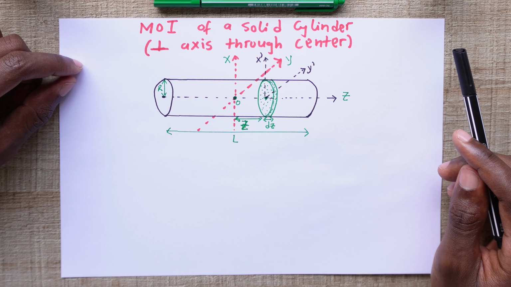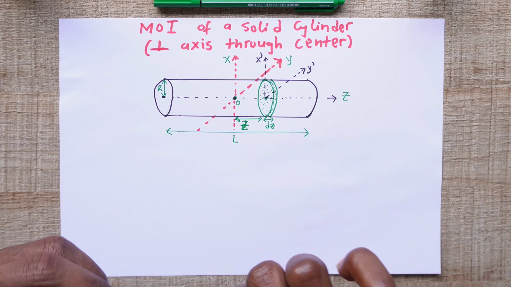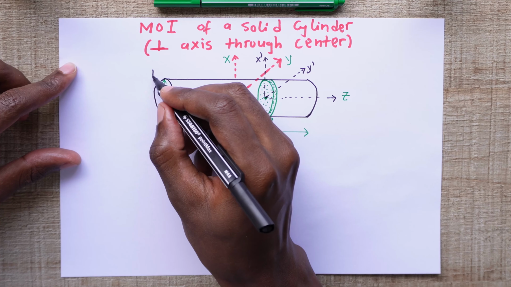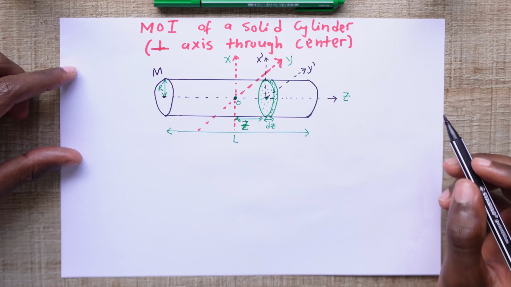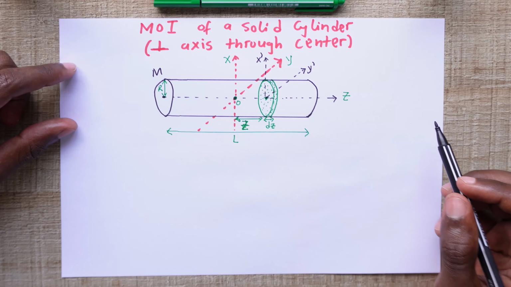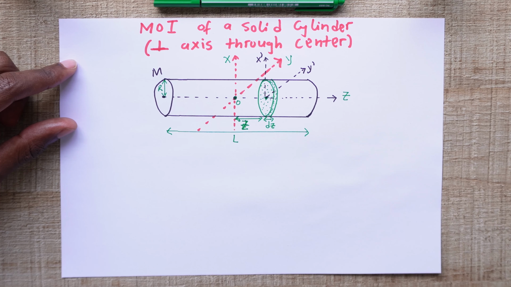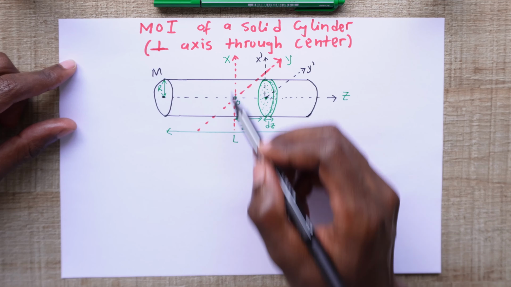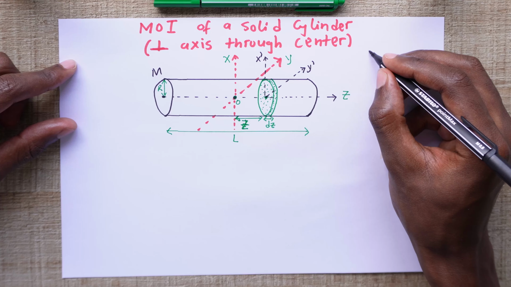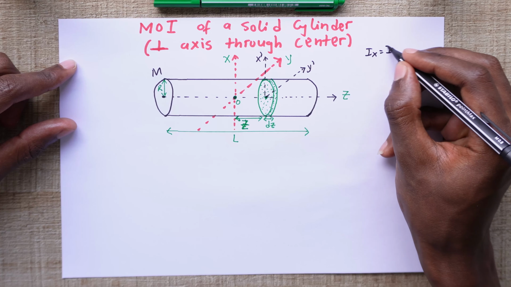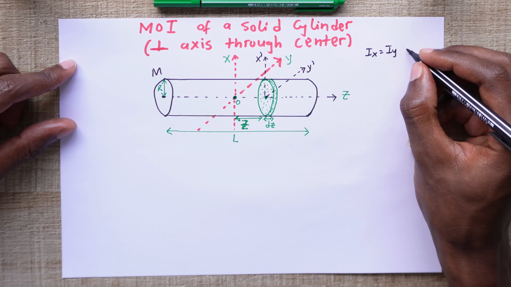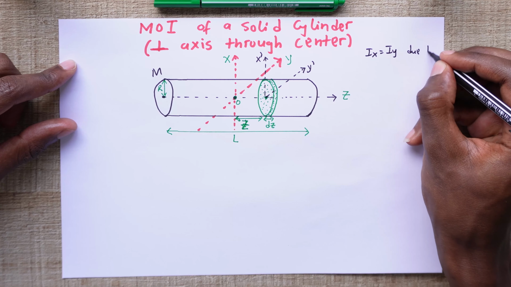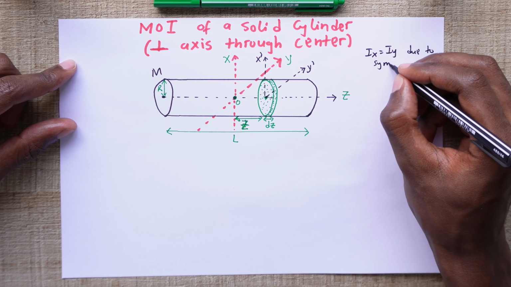Here we have a cylinder of mass m, with a radius of capital R that I've illustrated here. We want to calculate Ix and Iy, because Ix is equal to Iy due to the symmetry of the cylinder.